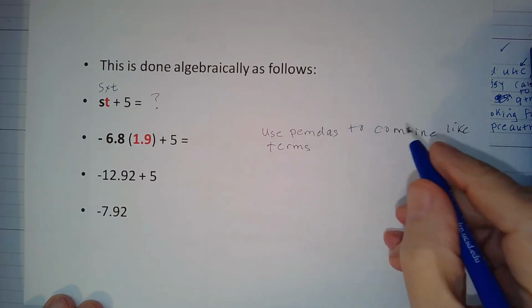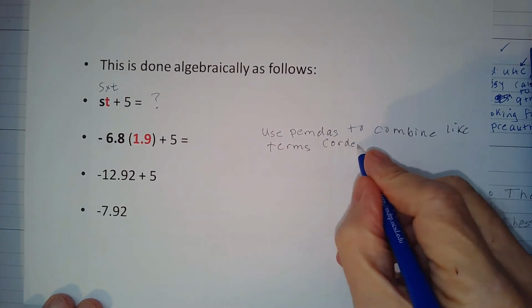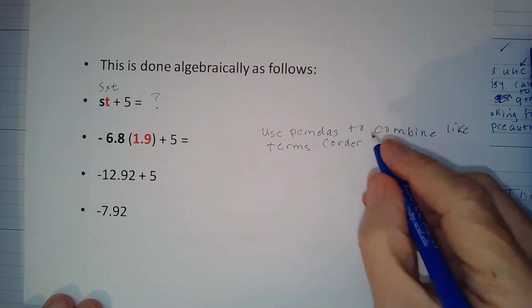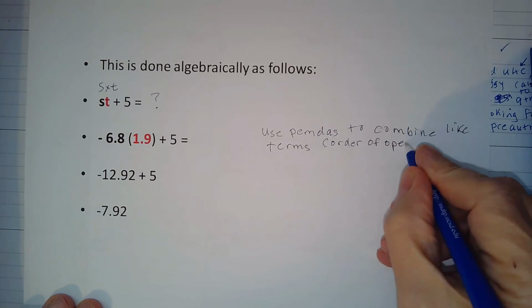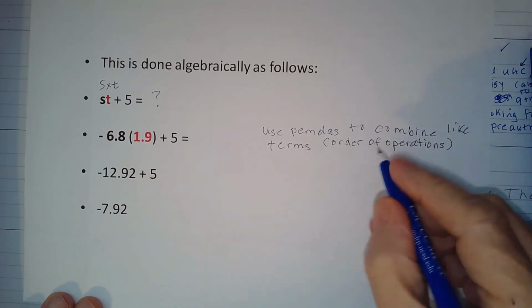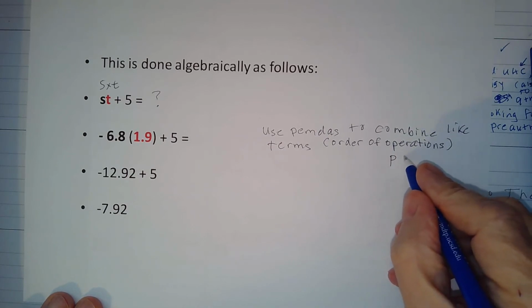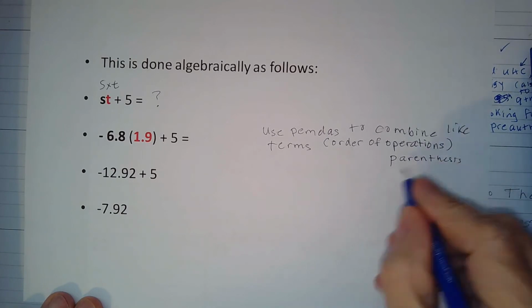Now, what is PEMDAS? That's your order of operations. You know, which do I do first? Do I add? Do I subtract? Do I multiply? Do I divide? Order of operations. Okay, all this should be old stuff for most people. And if you remember, P means parentheses. E means exponents.